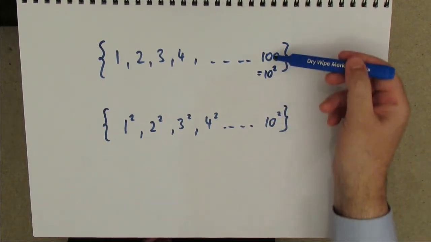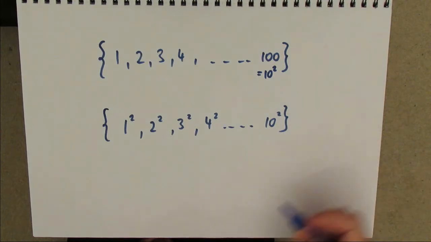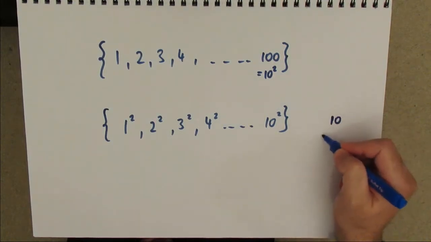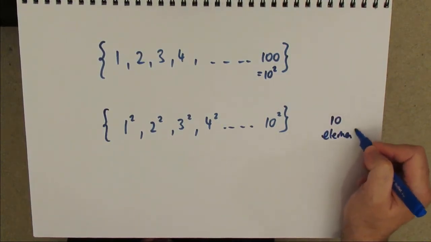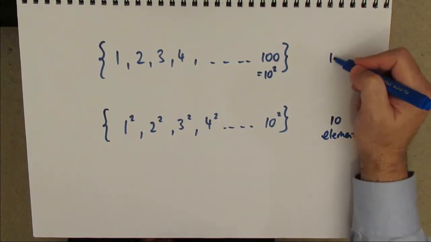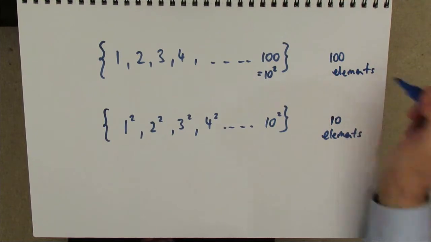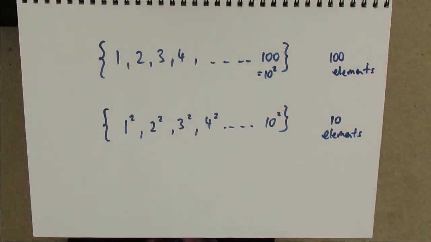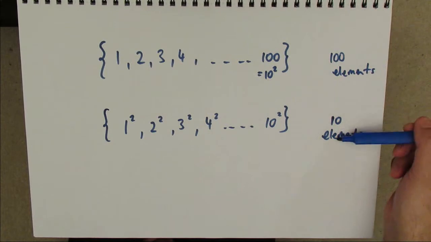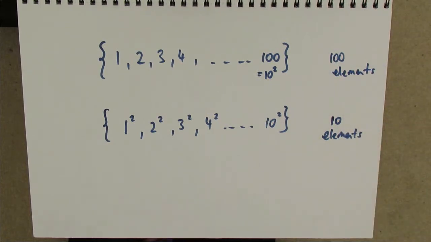Both end at the same point. The rule is that they're always the square root of the number of elements in the set of squares. So this is square root of this. It's always a much smaller set.